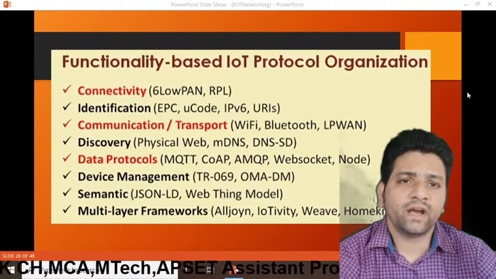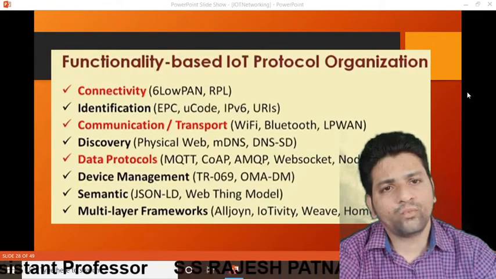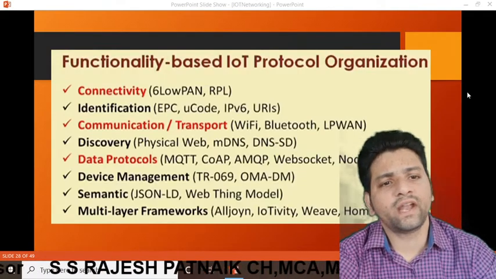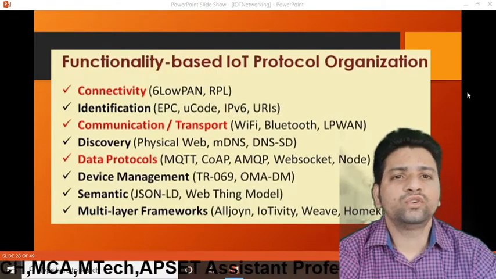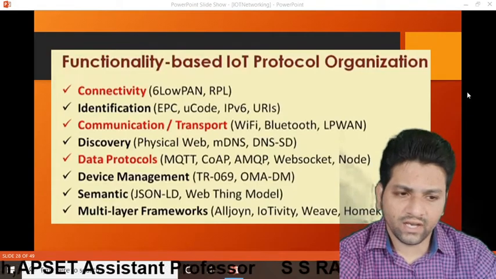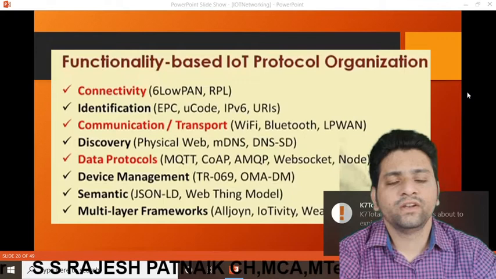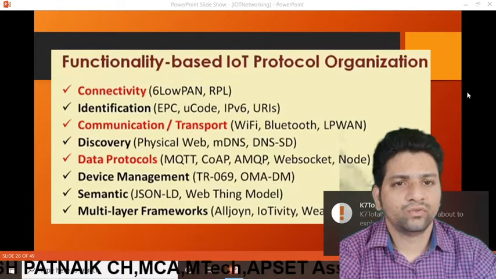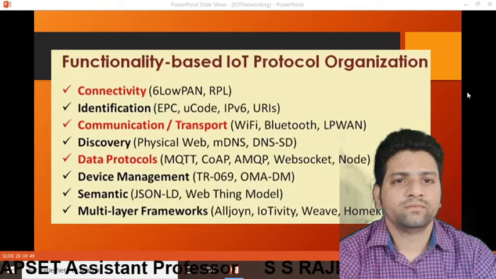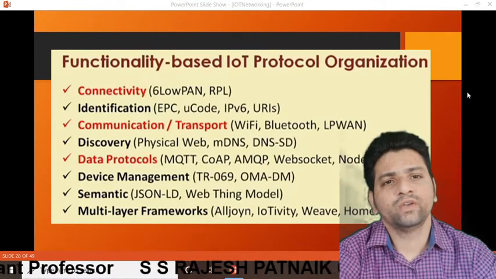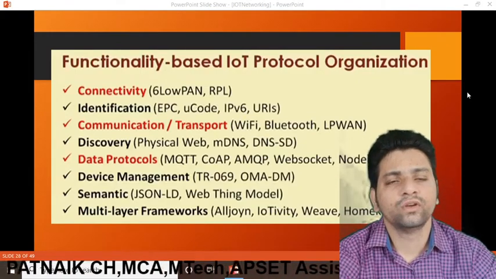The next important identification protocol is uCode. So what is uCode? uCode is an identification number system that can be used to identify things in the Internet of Things uniquely in the real world. So we have two different types of protocols: one is EPC and the other is uCode.